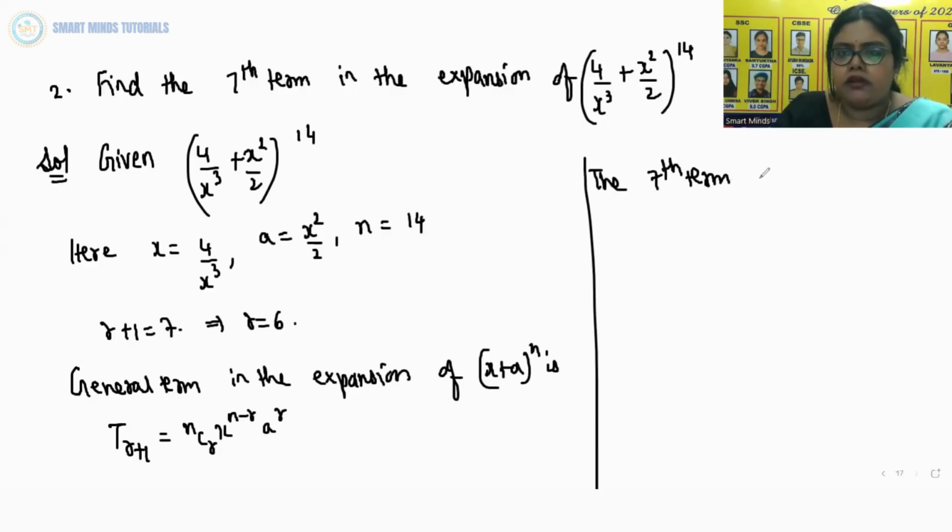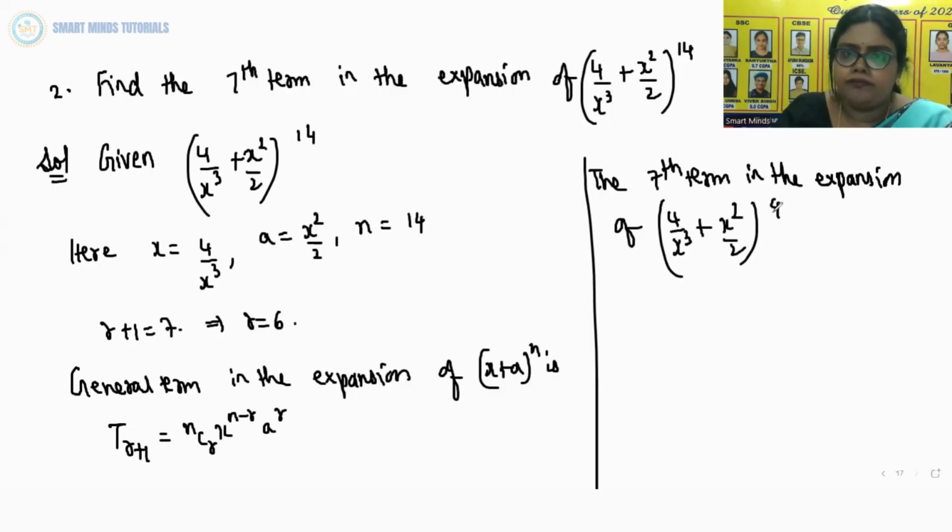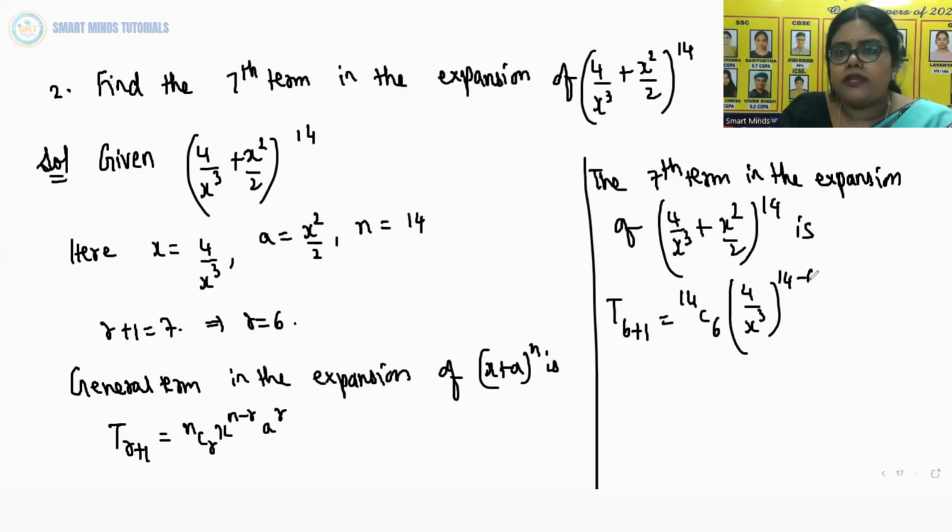So the seventh term in the expansion of (4 by x cube plus x square by 2)^14 is, now we can write this as T(6+1) equal to 14C6 (4 by x cube)^(14-6) into (x square by 2)^6.